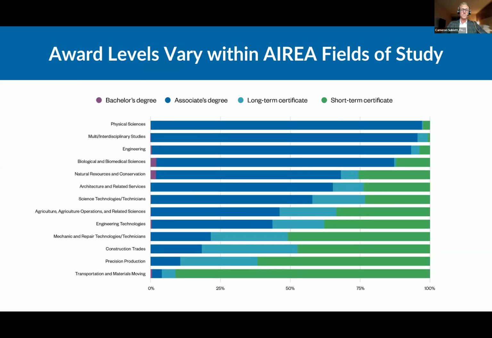And then moving on, the third finding of our landscape scan is that area fields of study embrace diverse credentialing pathways. As you can see, even within the targeted cluster of area academic programs, area fields of study reflect wide variation in educational pathways, from short-term certificates to associate and even bachelor's degrees.